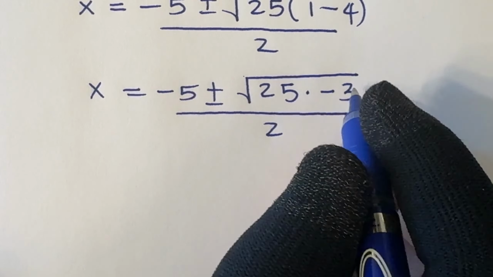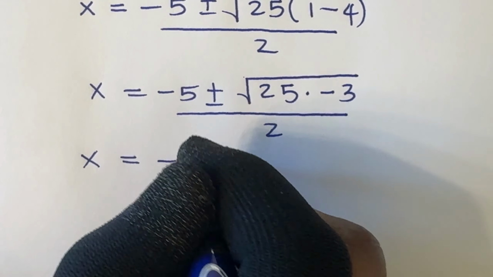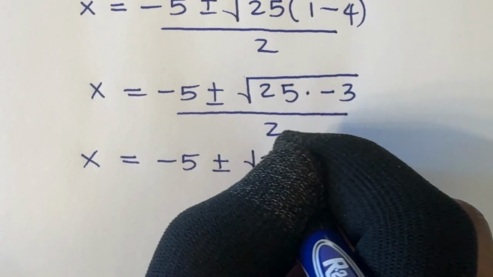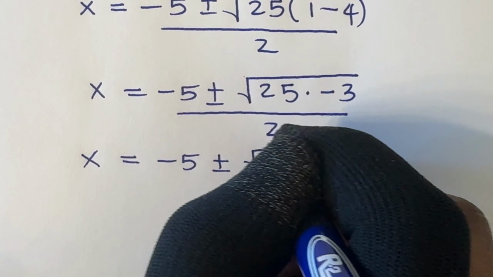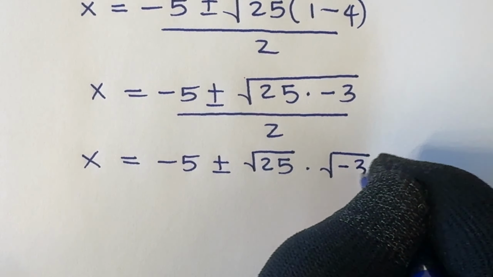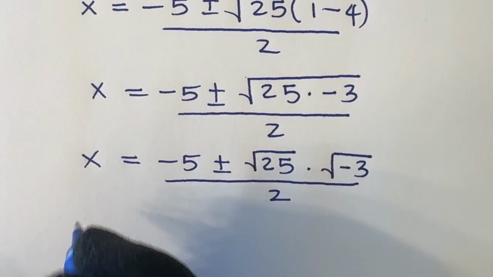Can separate this radical. So x is equal to minus 5 plus or minus the square root of 25, then times the square root of negative 3, divided by 2.